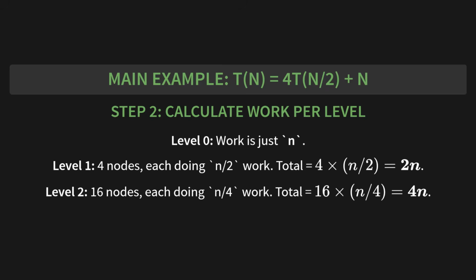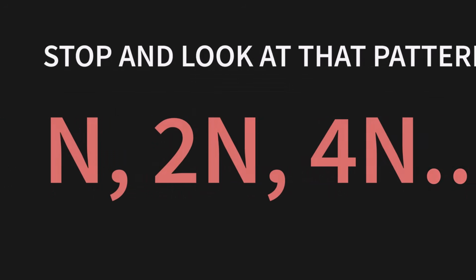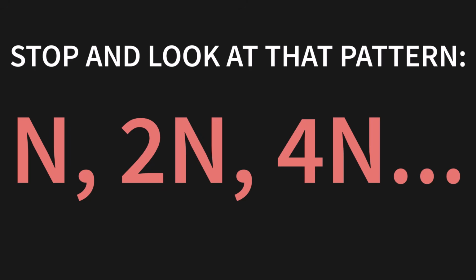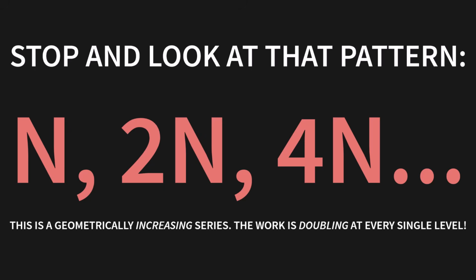The total is 16 times n over 4, which is 4n. Stop and look at that pattern. n, then 2n, then 4n. This is a geometrically increasing series. The work is doubling at every single level.